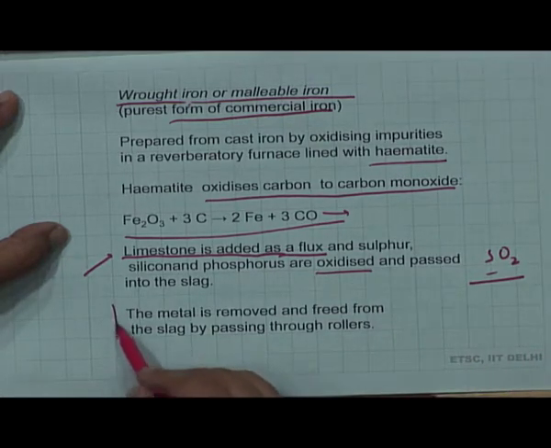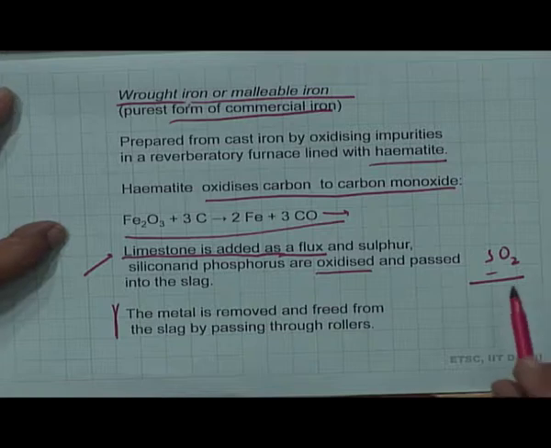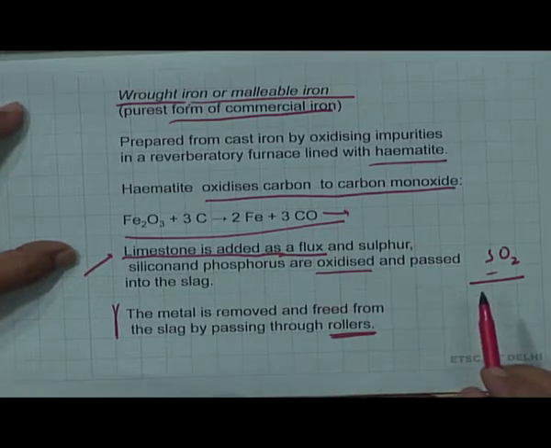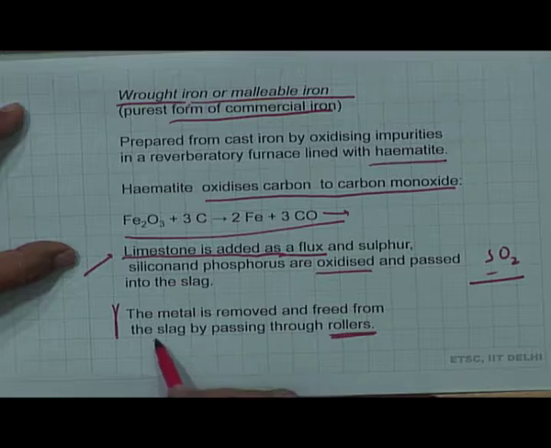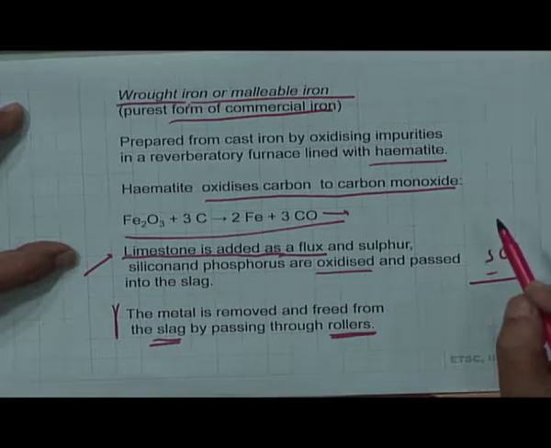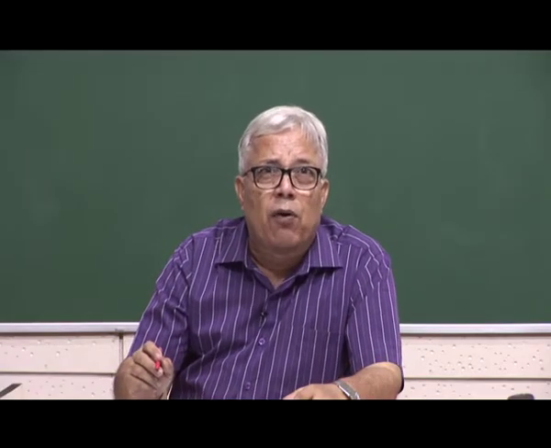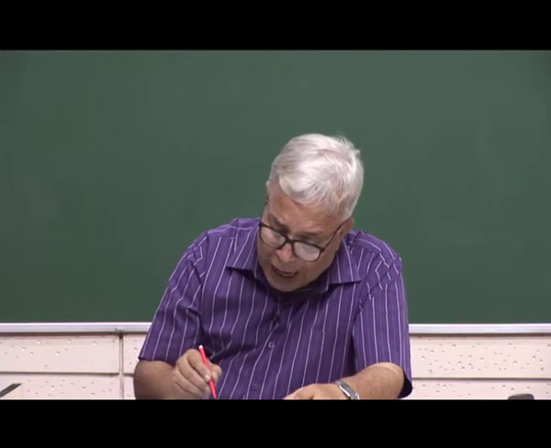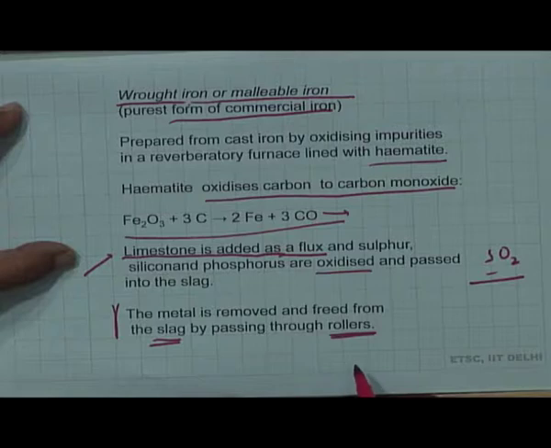This metal is removed and passed through rollers, and when it passes through rollers, the slag is separated out. Slag is of lower density and it is separated out. So, this is how we get iron from its ore.